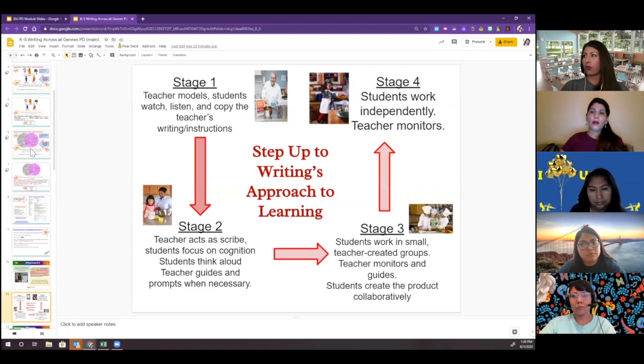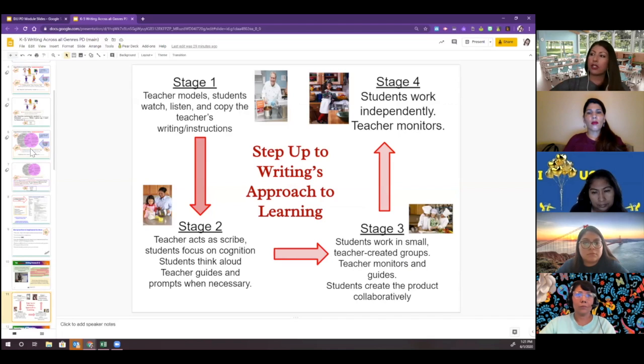And so everything that you see here are the different stages that they're going to be going through and that you will be going through with the students. So for stage 1, it's going to be a lot of teacher modeling, and the students will be watching and listening and copying pretty much what you're saying and the steps that you're taking.